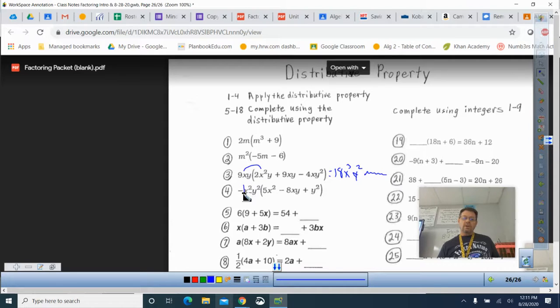Remember, there's a -1 here, so that's -1 times 5, so that's -5. x squared times x squared is x to the 4th, and then y squared. Then you finish that out. The rest of these are just working your puzzles, figuring out what would go in different places with the distributive property.